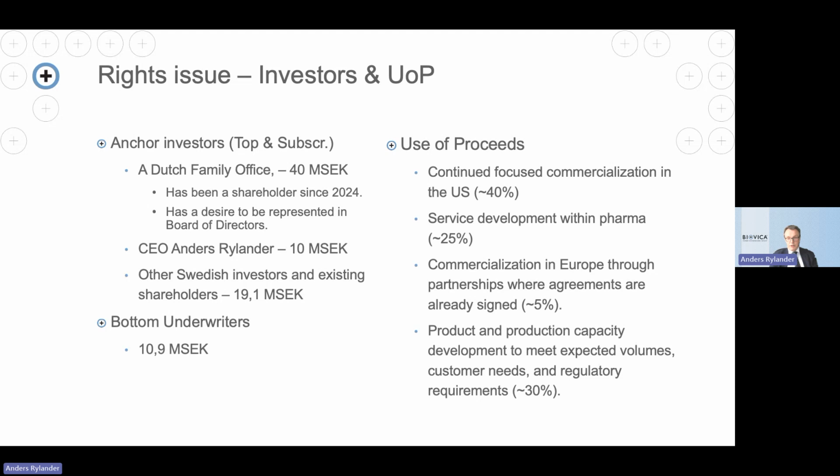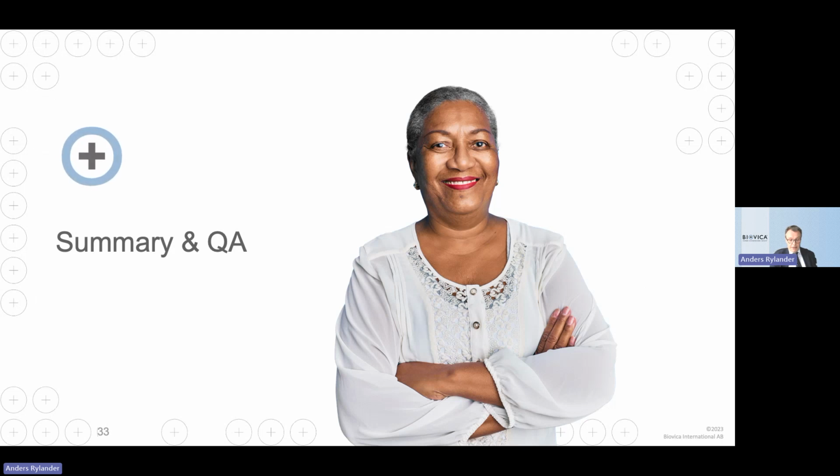So we'll use a little bit of that to continue to develop our product and also scale up our production capacity to meet the demand that we are expecting. And then, of course, some regulatory requirements coming on top of that. So with that, I'll hand it back to Anders for a summary and then a Q&A session after this. Thank you.